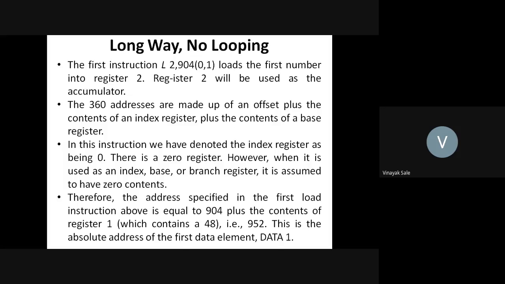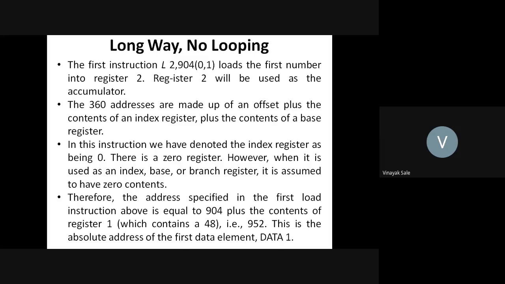In this instruction, we have denoted the index register as being 0. There is a 0 register, that is the index register. When it is used as an index, base, or branch register, it is assumed to have 0 contents.